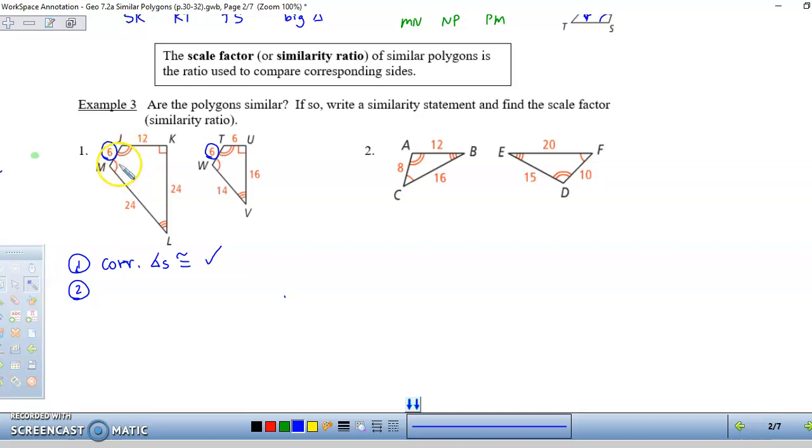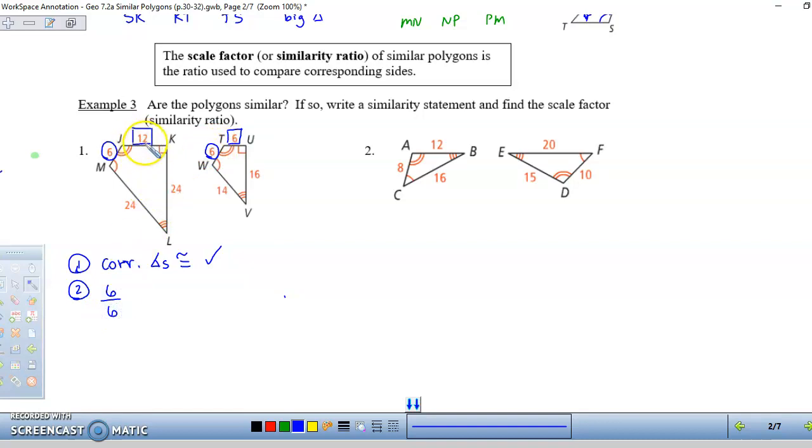Notice how these angles are marked the same way, so I know those two sides correspond. Okay, I'm going to do a different symbol around the next shape. I'll do a square around it. But notice the angles marked. That's how these are marked. So this side goes with the 12. So I have 6 corresponding with 6.